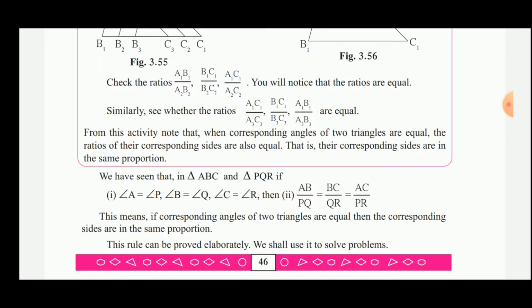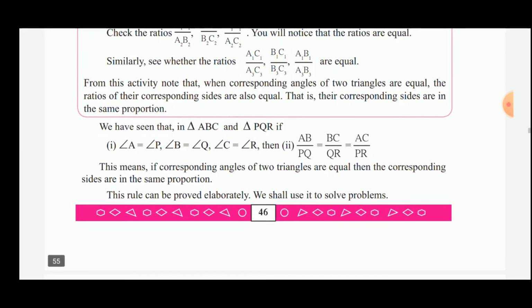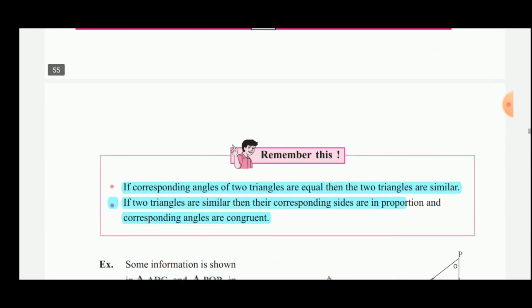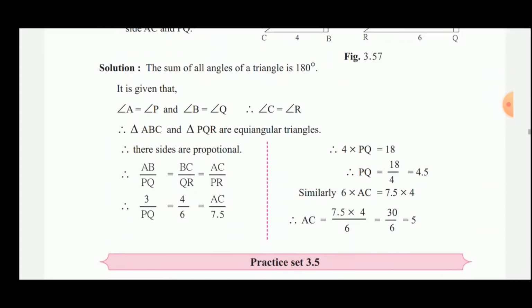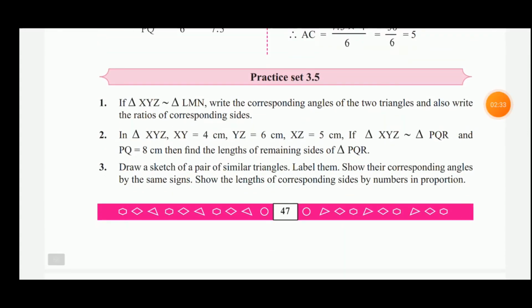This means if corresponding angles of two triangles are equal, then the corresponding sides are in the same ratio. So if the corresponding angles of two triangles are equal, then the two triangles are similar. And if the two triangles are similar, then their corresponding sides are proportional and corresponding angles are congruent. Now let us see next.